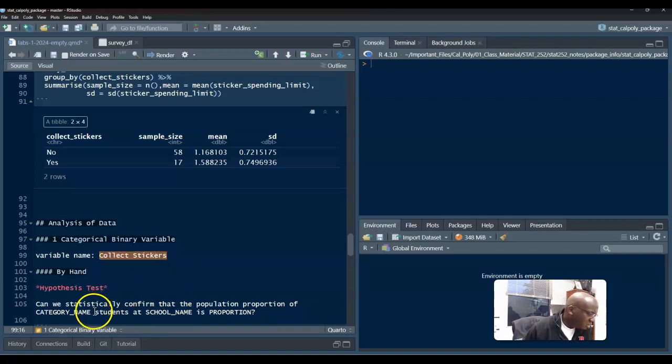Sorry about that. So can we statistically confirm that the population proportion of sticker collecting students at Cal Poly is equal to some value, 0.5? I don't know why it took the question that way.